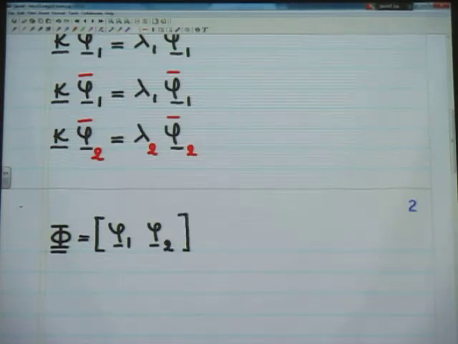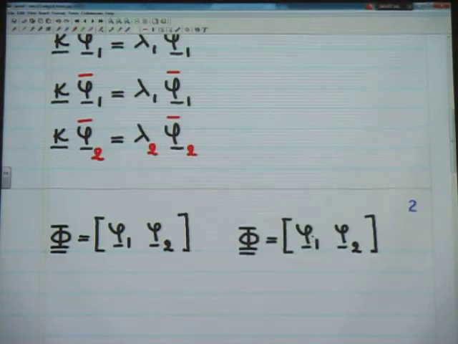Now similarly, we define the matrix big phi bar. That's the matrix also of the eigenvectors, but now the eigenvectors had been normalized, made into unit vectors.